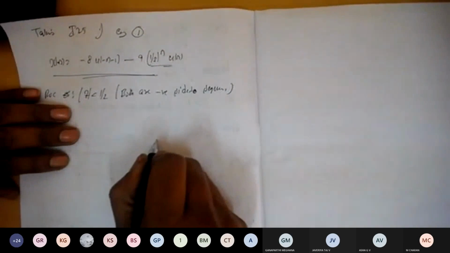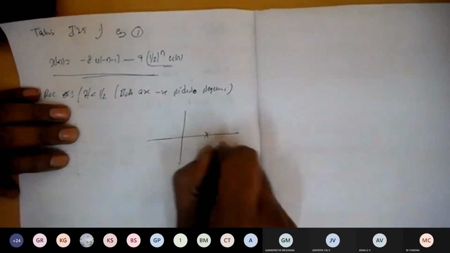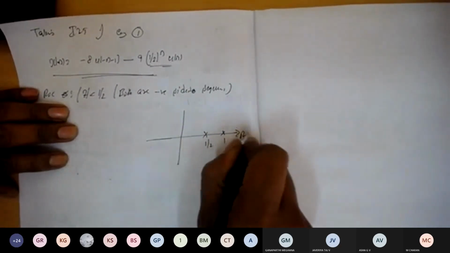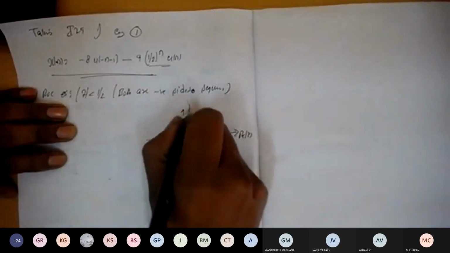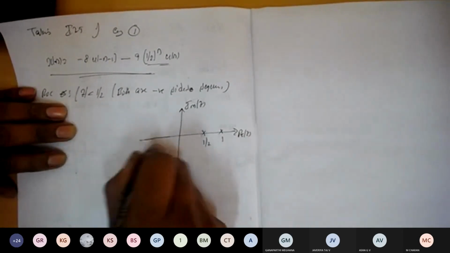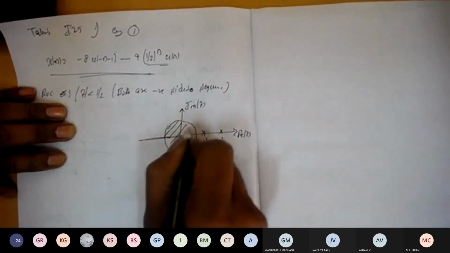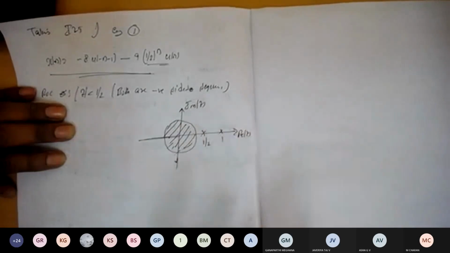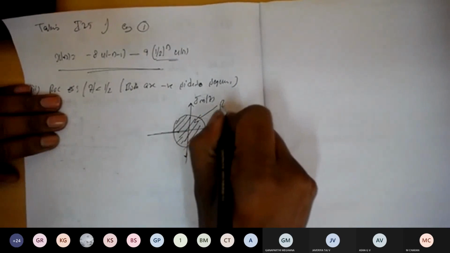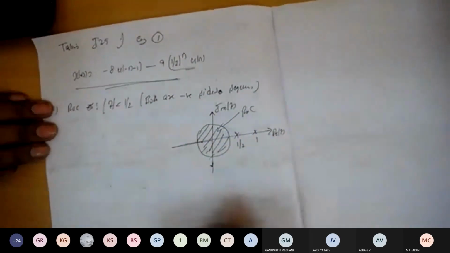We have two poles, one located at 1 by 2 and the other at 1. This is the real part of Z and this is the imaginary part of Z. This circle is the region of convergence for the negative sided sequences.